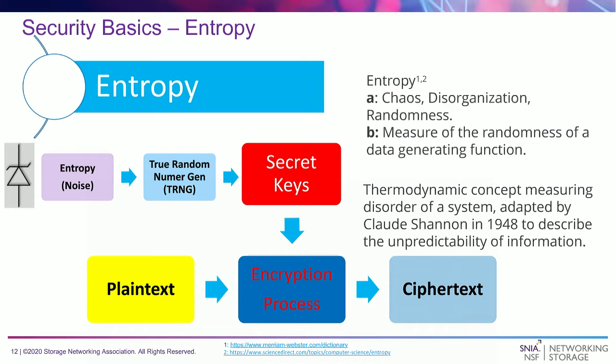For example, at different times they've used keystrokes on a PC, or mouse clicks. Also, things that are used for randomness are like the thermal noise on your laptop itself.